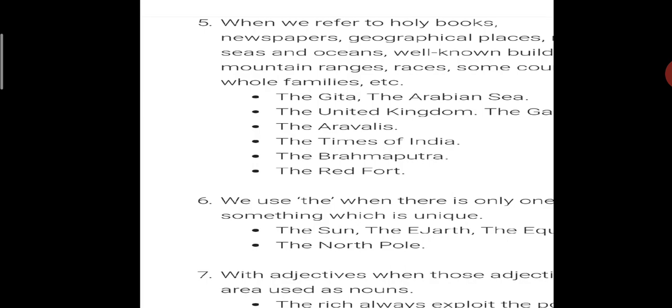Then, when we refer to holy books, newspapers, geographical places, seas, oceans, well-known buildings, mountain ranges, rivers, and whole families, that time we use the: the Gita, the Arabian Sea, the United Kingdom, the Aravallis, the Times of India, the Red Fort, the Brahmaputra, etc. We use the when there is only one, something which is unique also.